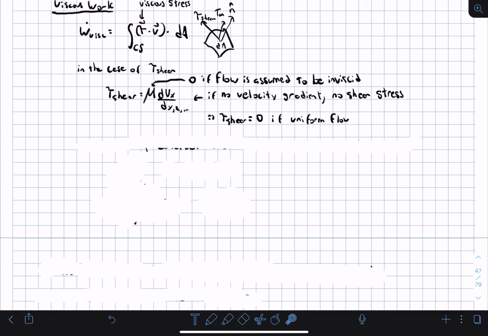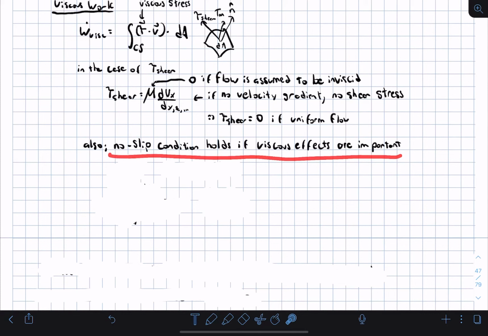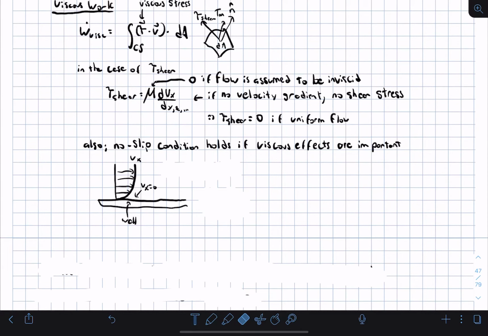Okay. And then also the no slip condition holds. So if viscous effects are important, just recall that the no slip condition states that if you have fluid flowing over a solid wall, then the portion of the fluid that is touching the wall actually sticks to the wall, and its velocity becomes that of the wall.